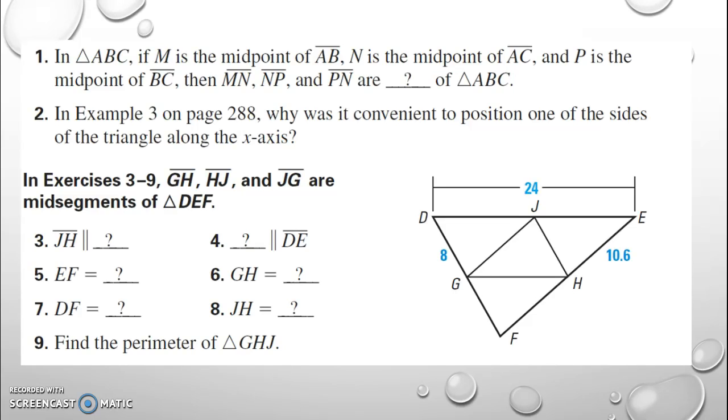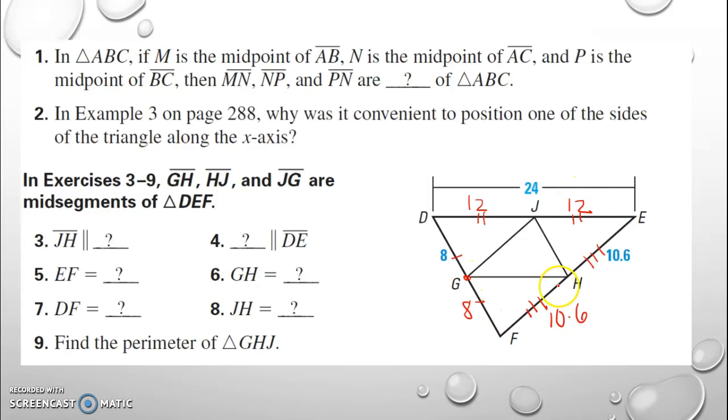In triangle ABC, M is the midpoint. So again, we can fill in all this information. I'm skipping right to 3 through 9 over here. We're told these are the midpoints. That means this piece is congruent here, this piece is congruent here, and this piece is congruent here. Therefore, this is 10.6, this one will be 8, and each of these will be 12.